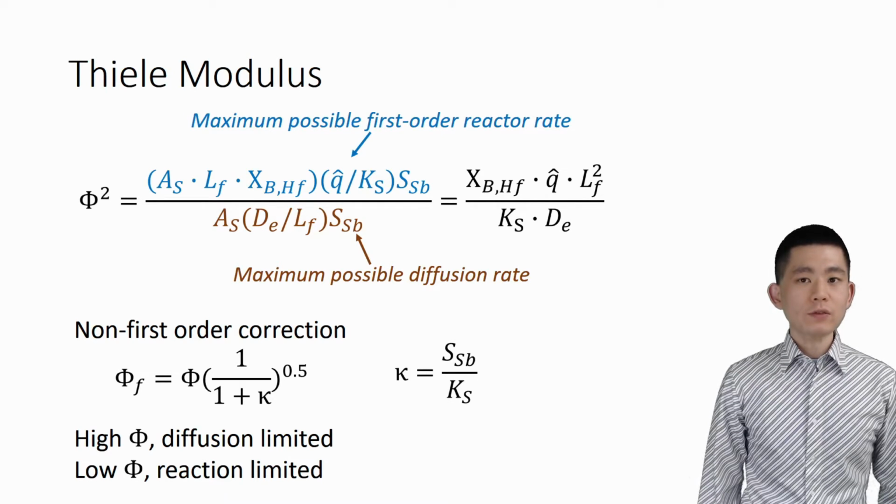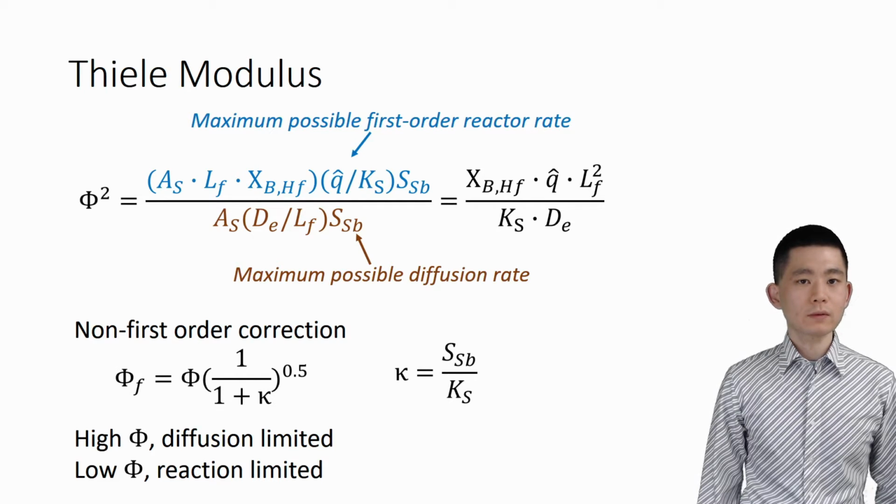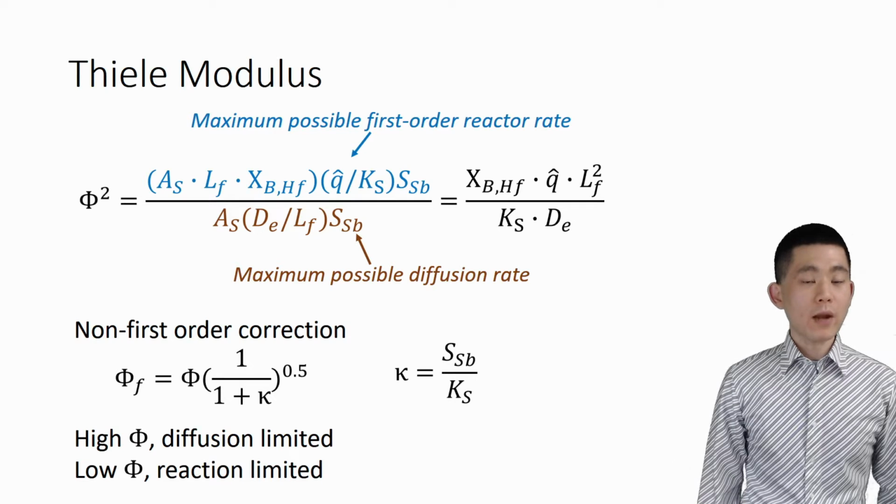When the Thiele modulus is high, it means that the biofilm is diffusion limited. The consumption of substrate is controlled by the diffusion rate. When the Thiele modulus is low, then the biofilm is reaction limited. The substrate consumption is controlled by the microbial growth.